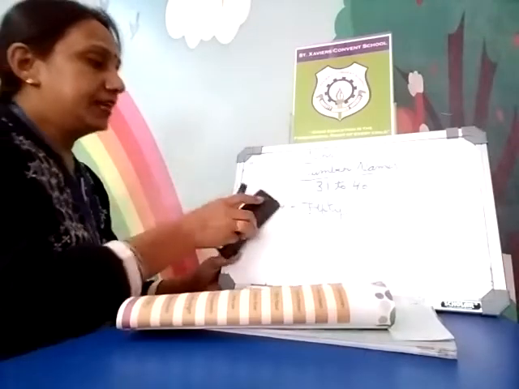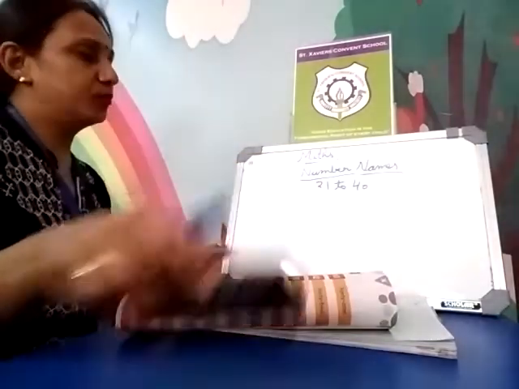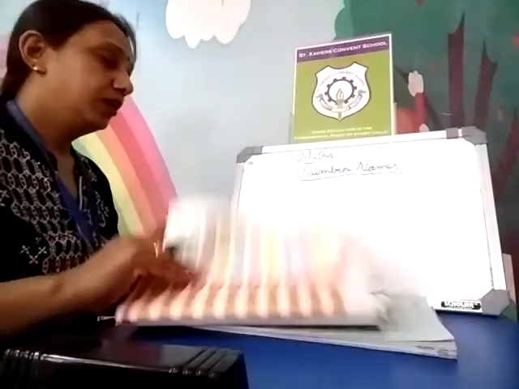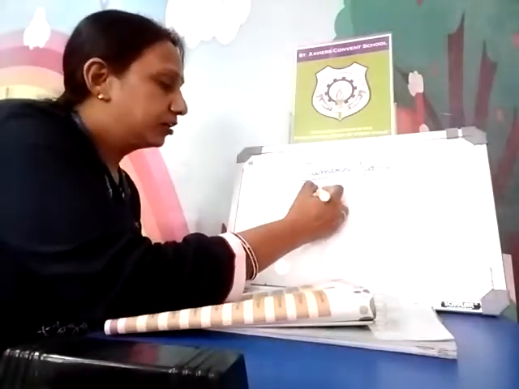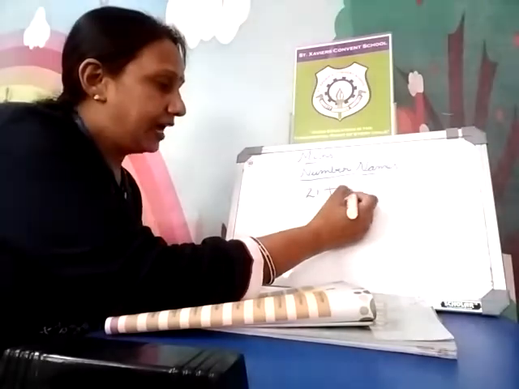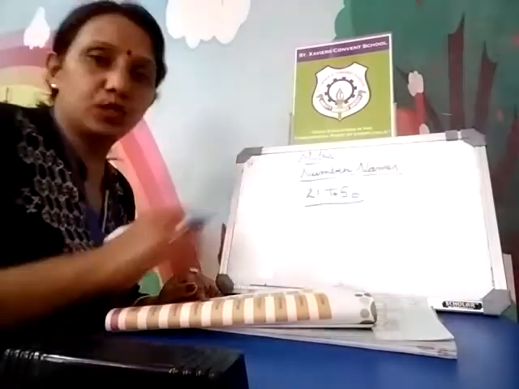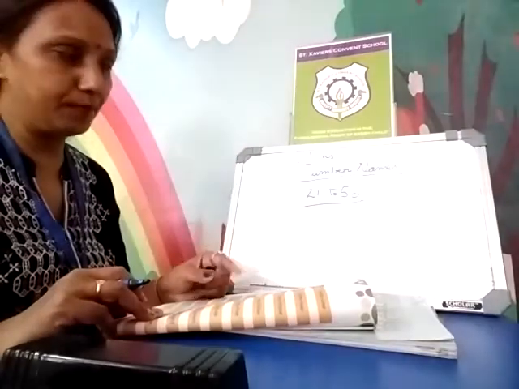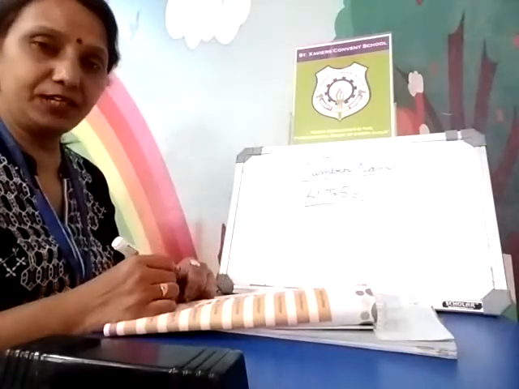In this half yearly examination you have to learn the spellings from 21 to 50. As given in your syllabus, number names 21 to 50 are coming in your half yearly examination.